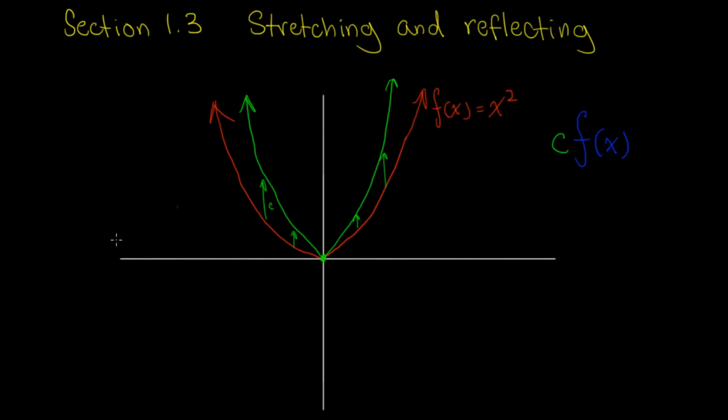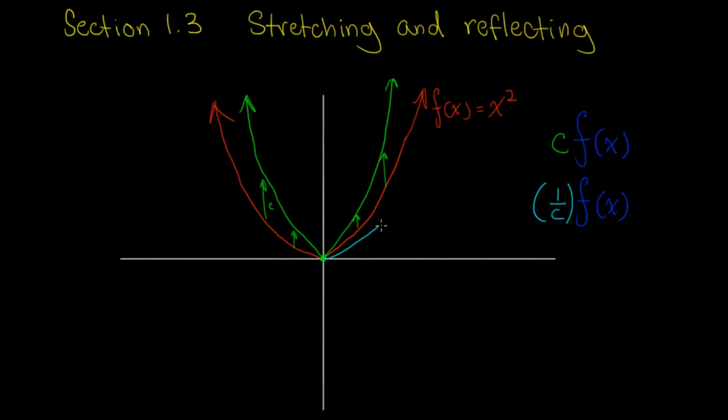Now, if I multiply the entire function f of x, the entire thing, by a number between 0 and 1, so I could write that as like 1 over c. For example, 0.5 times f of x, or 0.25, a fourth, times f of x. Then the graph actually shrinks vertically, or vertically compresses.